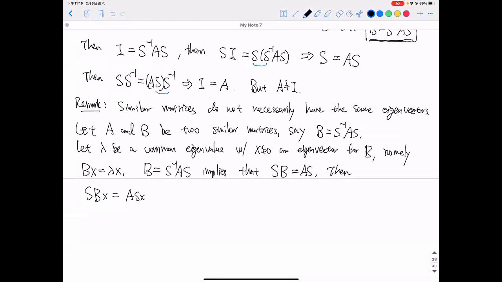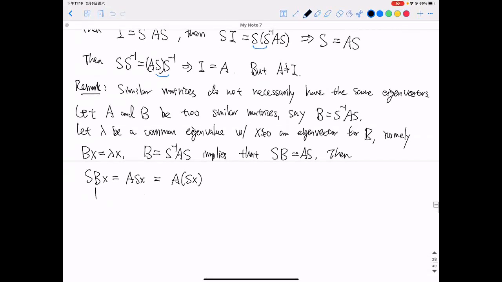Now let's process this from two sides. The right-hand side, we process it as A times the vector SX. The left-hand side, we treat it as SBX. Now BX is lambda X, so this is S lambda X, that's lambda SX.